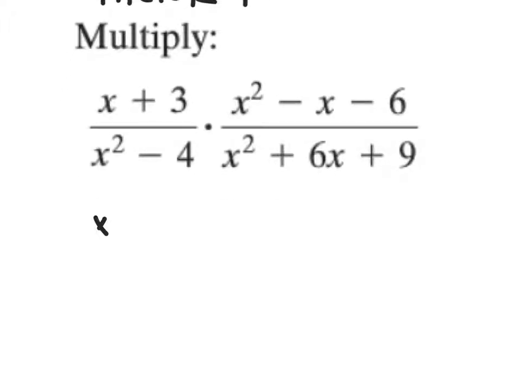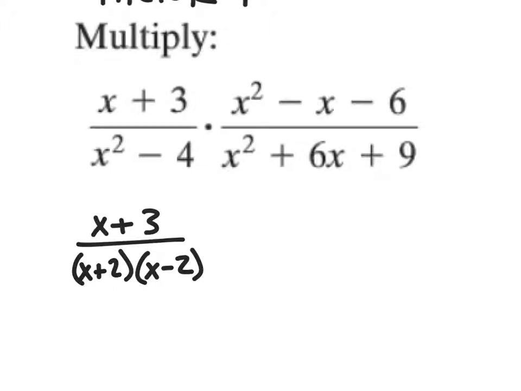I've got x plus 3 in my numerator here. X squared minus 4, this part here is a difference of squares. I can write that as x plus 2 times x minus 2.